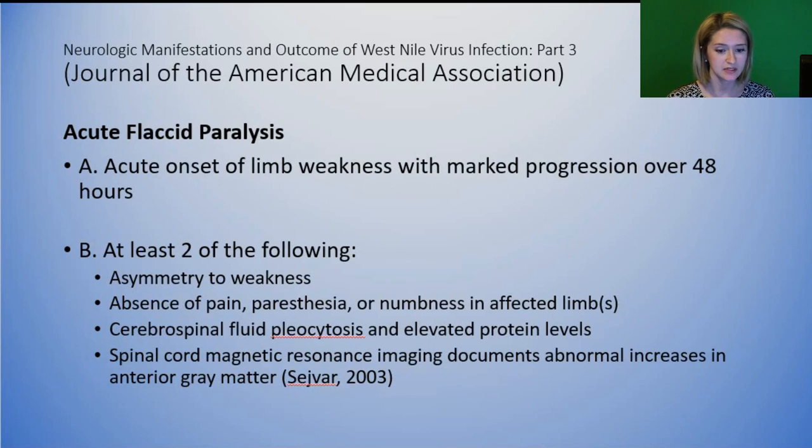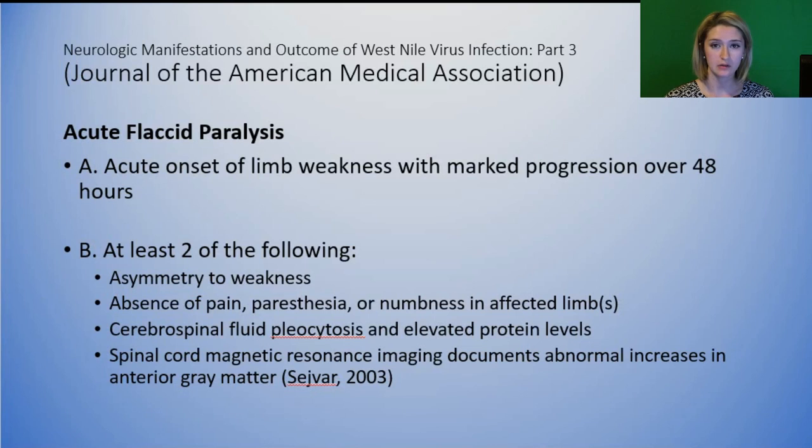The last disease that we're going to talk about is acute flaccid paralysis. It's an acute onset of limb weakness with marked progression over a 48-hour period.